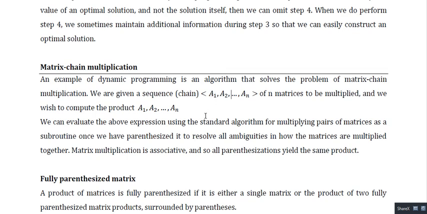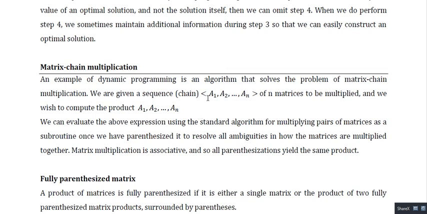Now, as we know, matrix multiplication is associative. It means if we want to perform multiplication of matrices A1, A2 and A3, it can be multiplied in two ways. First, we can parenthesize like A1 into A2 first, then into A3, or in the other way we can do A2 into A3 first, then multiply A1 into that result, right?